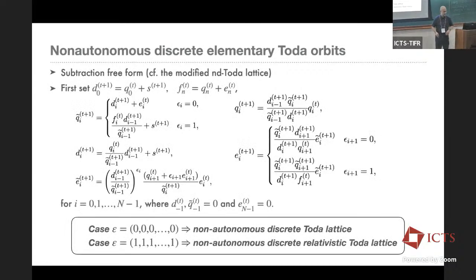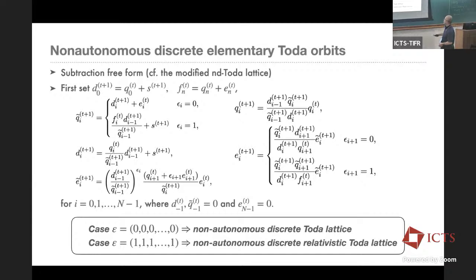Of course, I don't want to explain in detail, but as in the non-autonomous Toda case, some subtraction-free form is rather easy to introduce. So here is the final expression for discrete elementary Toda.